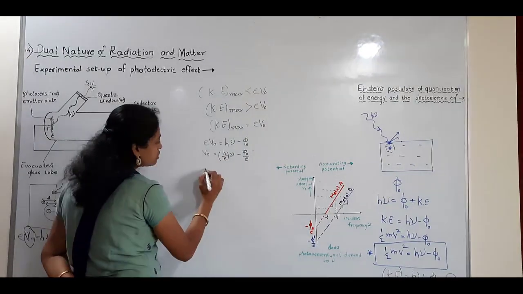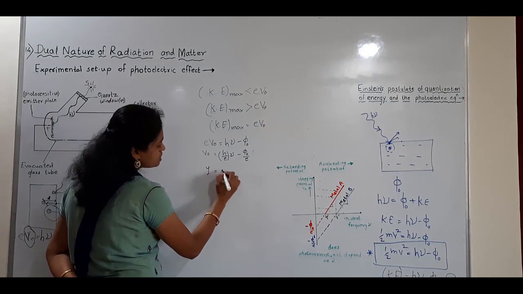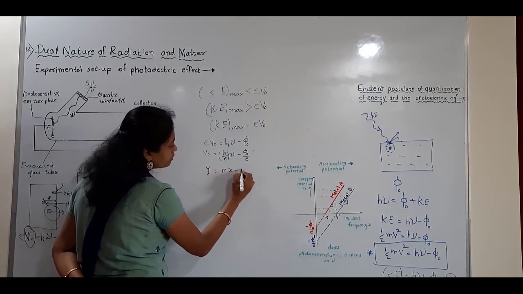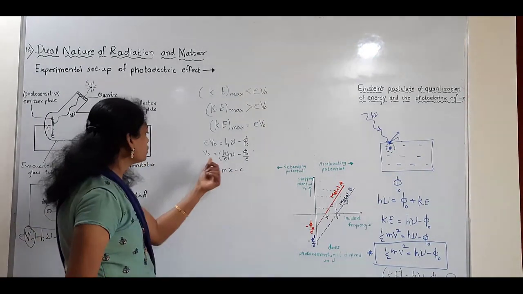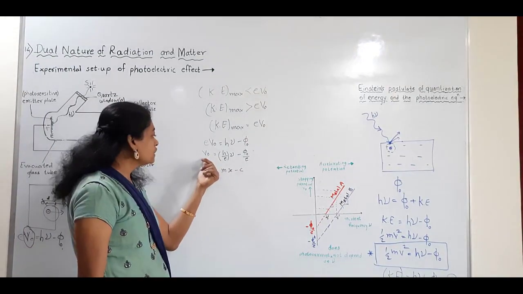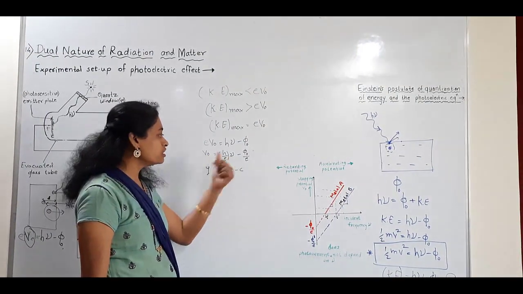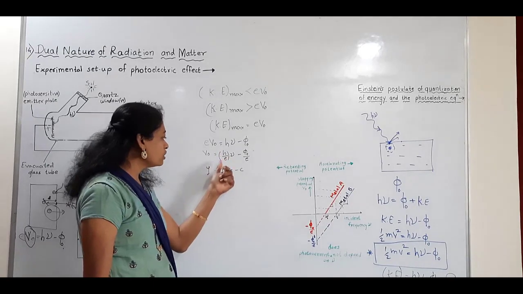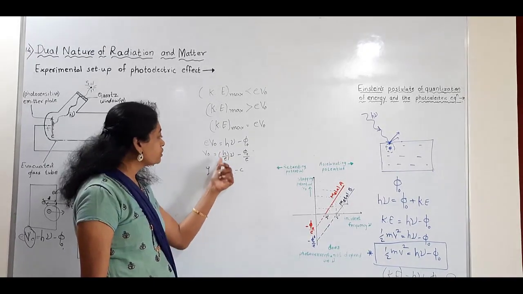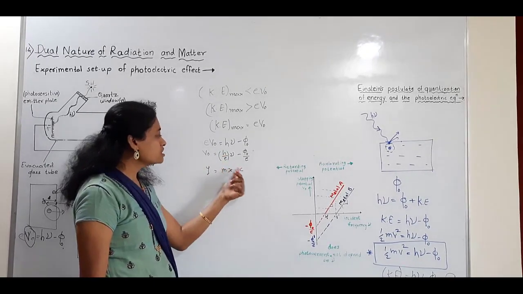This equation is analogous to y equals mx minus c, where the stopping potential increases linearly with the incident frequency. h upon e is the slope of the line, and c is the intercept.